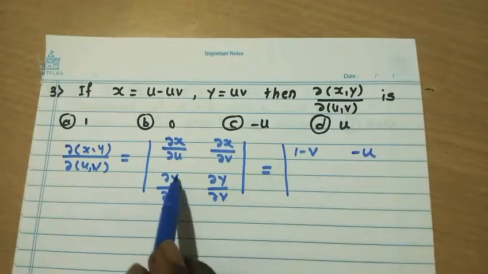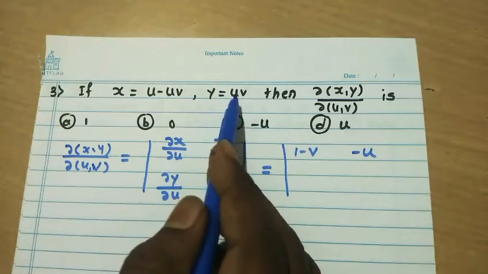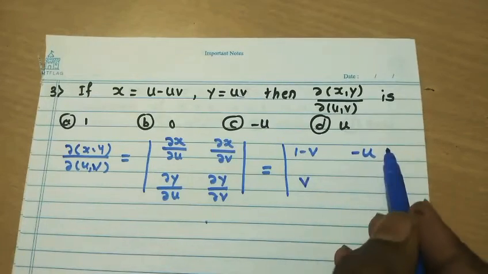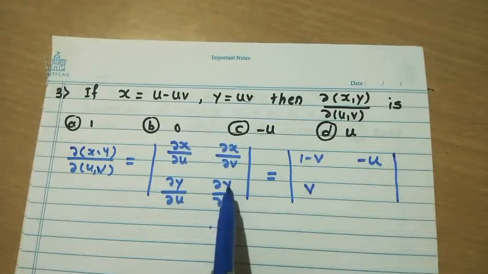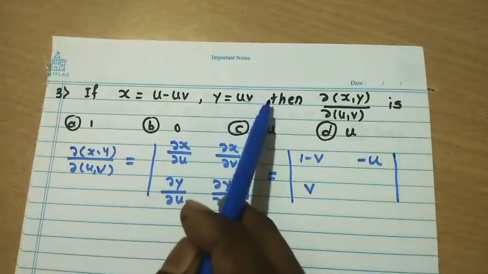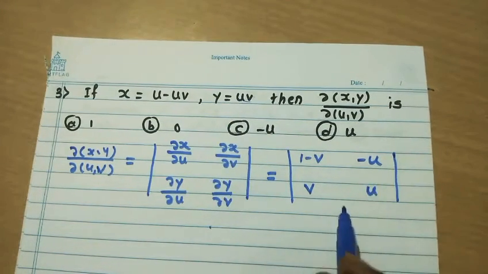Then in the second row, take the partial derivative of y with respect to u. Y is here, differentiate y partially with respect to u, so you will get v only. Then the partial derivative of y with respect to v is obviously u. Now find the determinant of this.